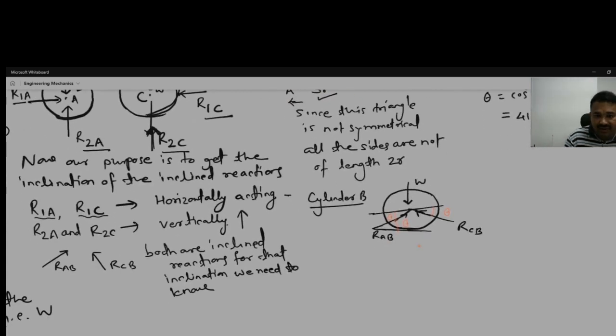similarly for the other cylinders, this is the cylinder A. Okay, and what are the contact surfaces?